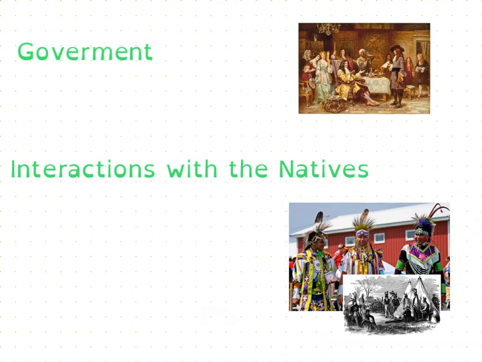All right, so let's talk about the early government in the Middle Colonies. The Middle Colonies actually had an early democracy, and democracy is what we have in the United States as our form of government.